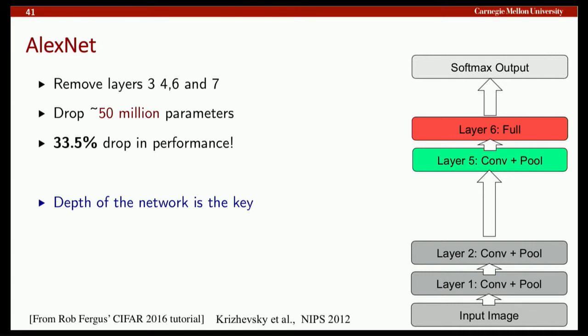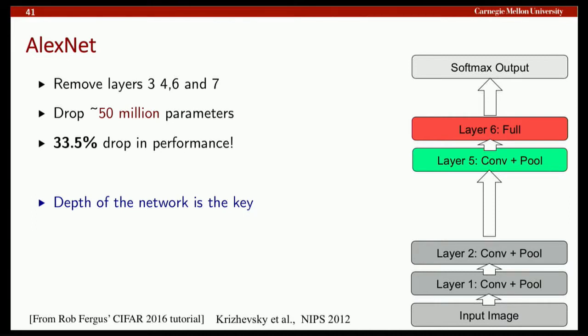So at some point back in 2013, 2014, people started realizing that the depth of the network is quite important. So how do we choose the right architecture? At the time, people thought 7 layers is a lot, 6 layers is a lot, that's just a lot of compute.